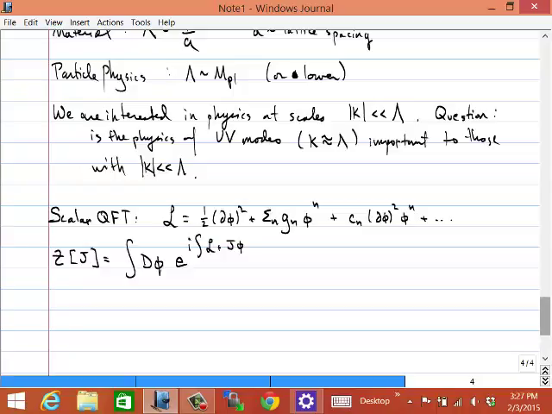What I would like to do is think about breaking up this path integral into an integral over ultraviolet physics and an integral over infrared physics, an integral over high energy physics versus low energy physics. So how do I want to do that?